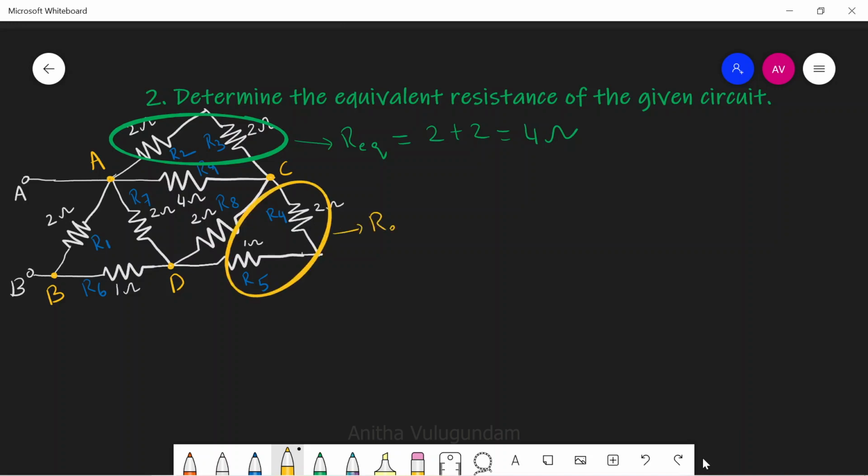We can write R equivalent equal to 2 plus 1, that equals 3 ohm. I will redraw the figure. Before that, I just want to rename this as R10 and this as R11. Now I'll redraw the figure.